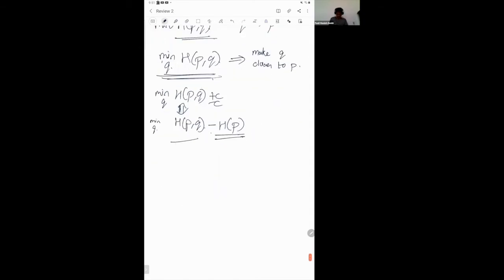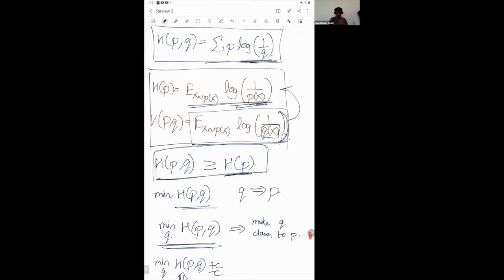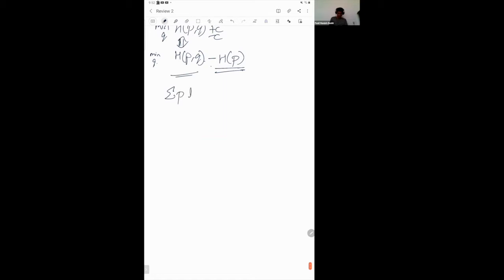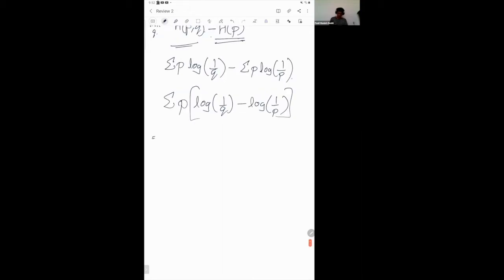And h of p, q is the cross entropy, which I can write as summation of p log 1 by q minus summation of p log 1 by p. Then this becomes summation of p times log of 1 by q minus log of 1 by p, which becomes summation of p log of p over q. This is nothing but the KL divergence between p and q.